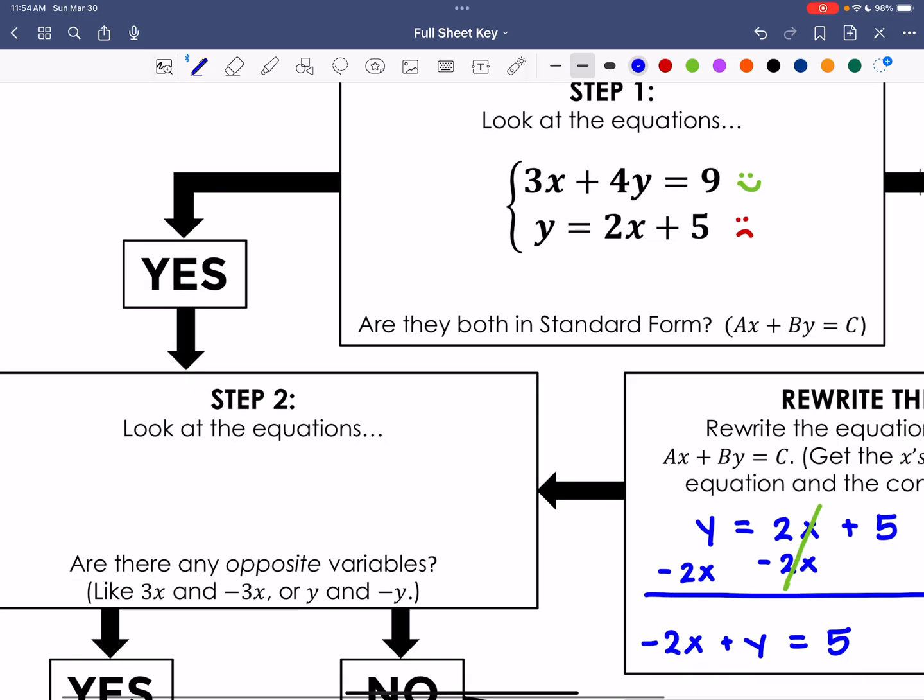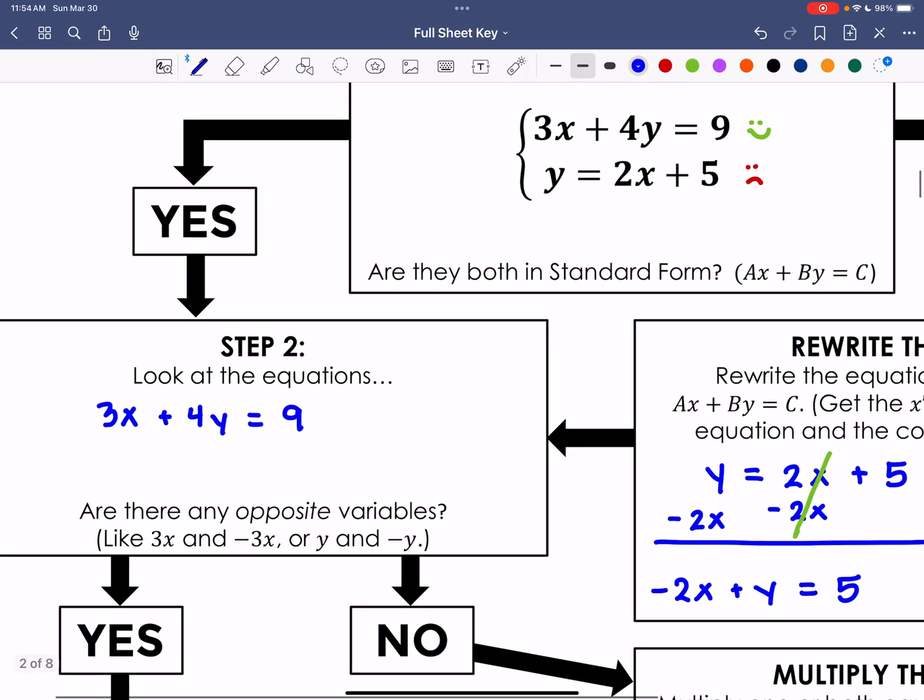So the first one was good, so I'm just going to copy down 3x plus 4y equals 9 again. And then our second equation is what we had to rearrange. So that was this one over here, which now is good to go. So we have negative 2x plus y equals 5.